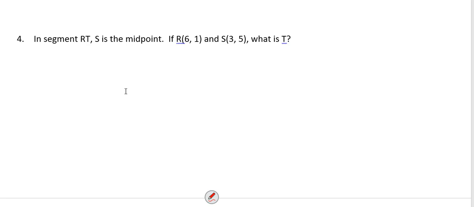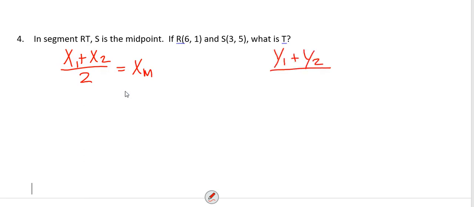So that is x1 plus x2 divided by 2 equals our midpoint. And y1 plus y2 divided by 2 equals our y value of our midpoint. So we're going to use these formulas to solve this problem. I'm going to call this x1, y1, and this xm and ym.